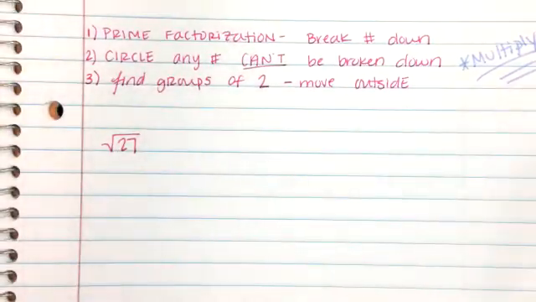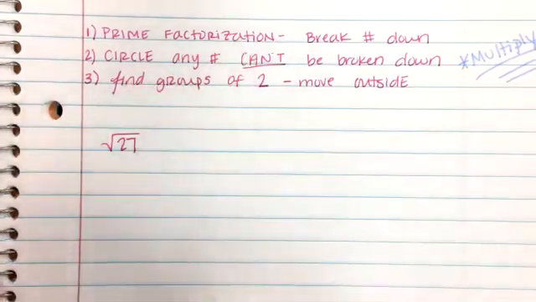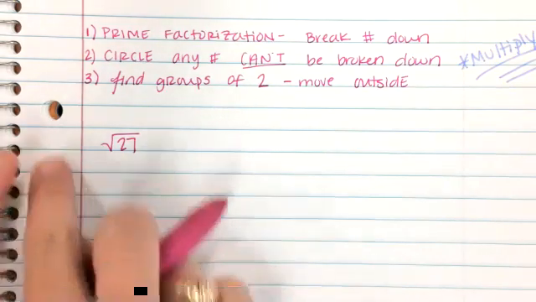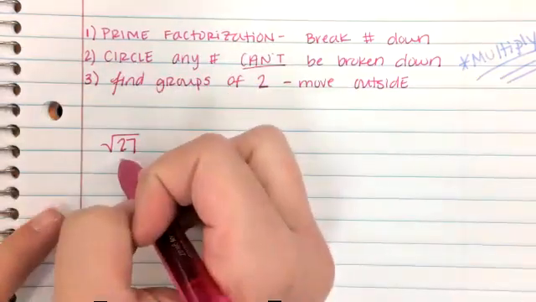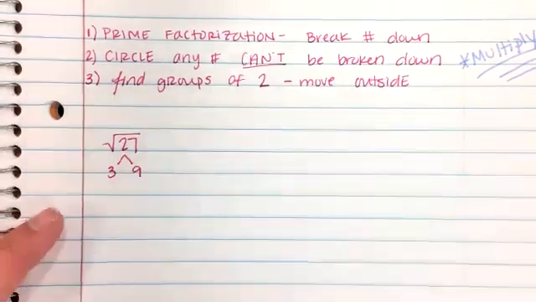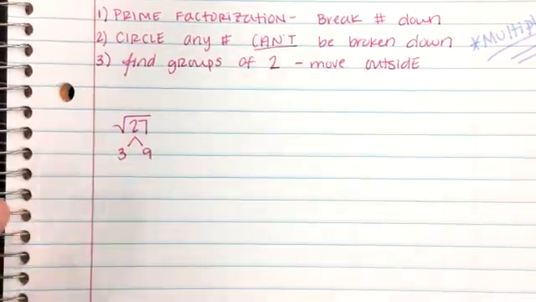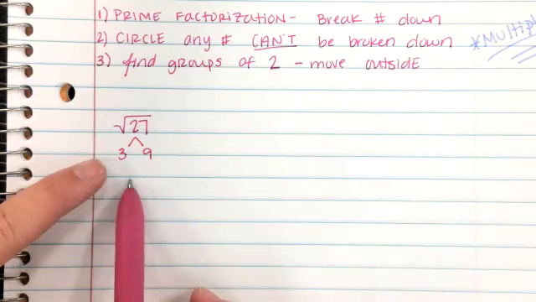Step number 1 says prime factorization. That's breaking it down into factors. What are factors? Things you can multiply. So any 2 numbers in the world, what can I use to multiply to get 27? 9 and 3, 3 and 9, same thing. So I have 3 times 9. Can I break 3 down? Does anything multiplied give me 3?